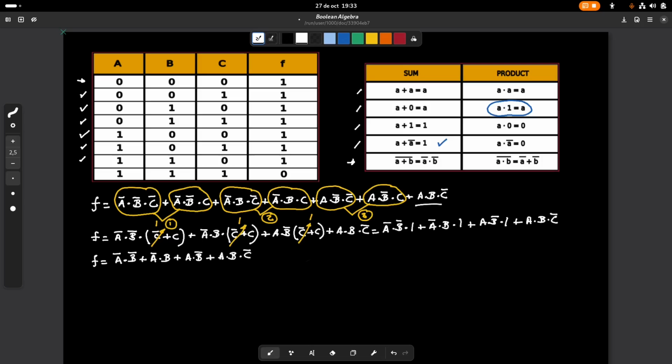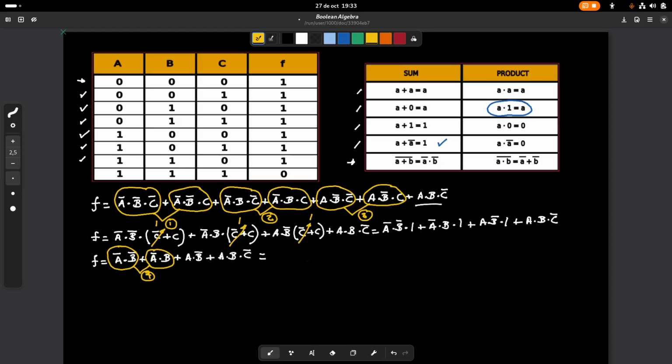Okay, but now we can see that these two terms, which I'm going to name 4, have A negated as a common factor.